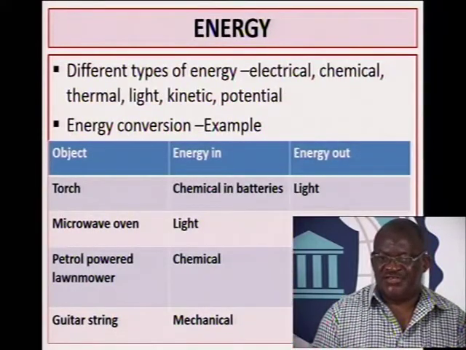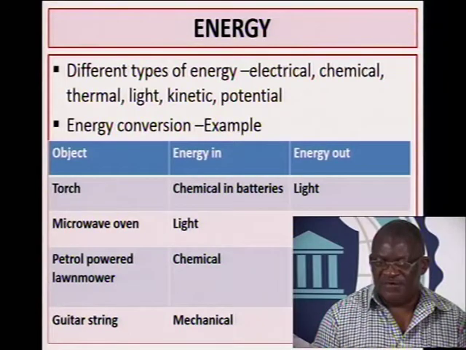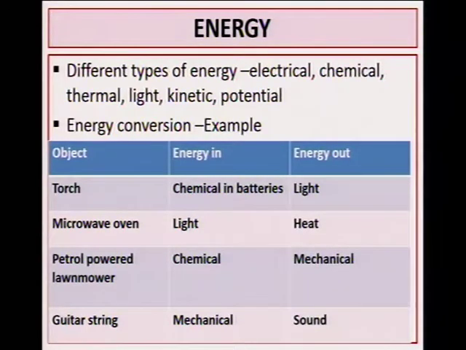Then we look at energy. We have got different types of energy. We should be able to know these different types of energy and explain them. Then you should also know how energy is changed from one state to the other.